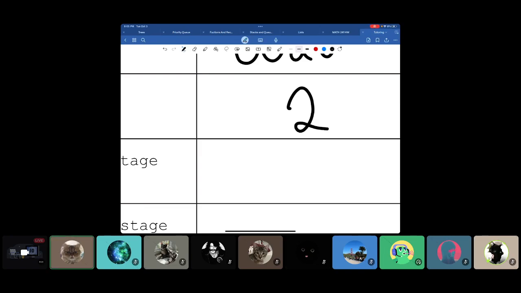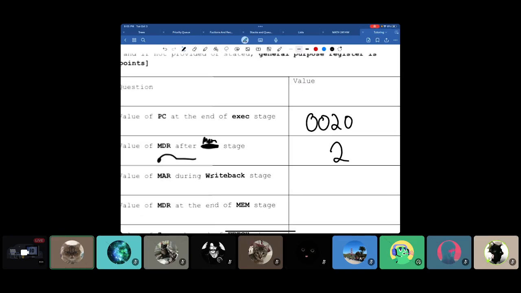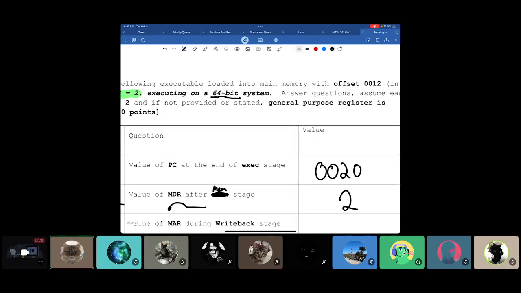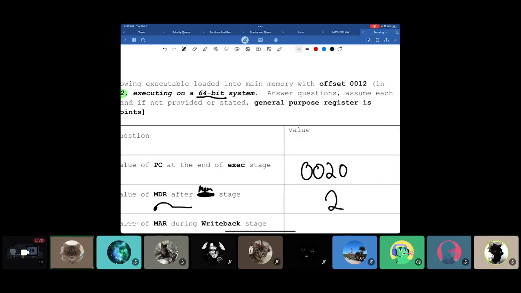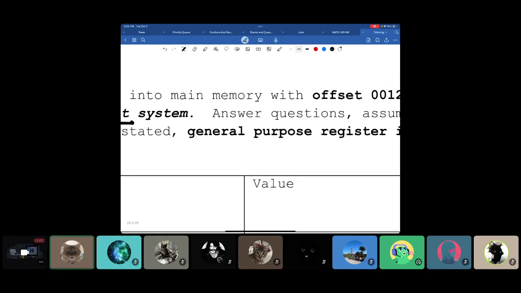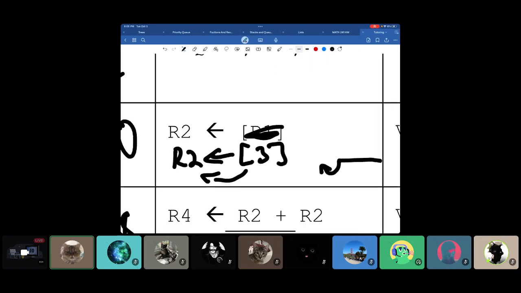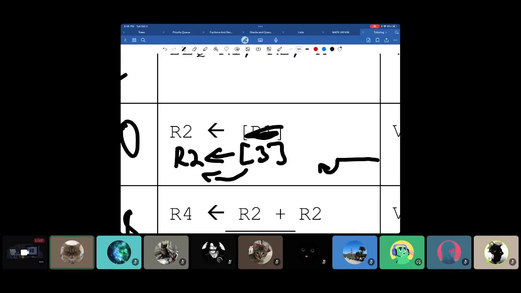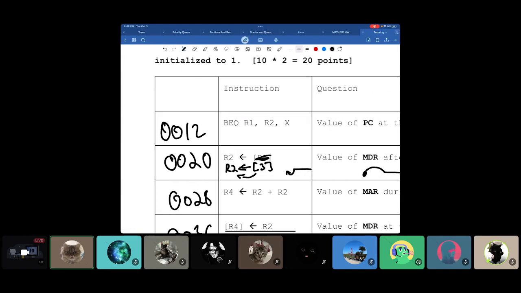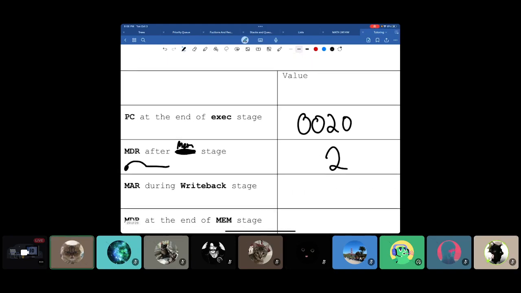but he says it's 1, which to me doesn't make any sense because it's only 1 if the value of the register wasn't stated. But here we're stating it, so that doesn't really make much sense to me. So that's why I put 2.